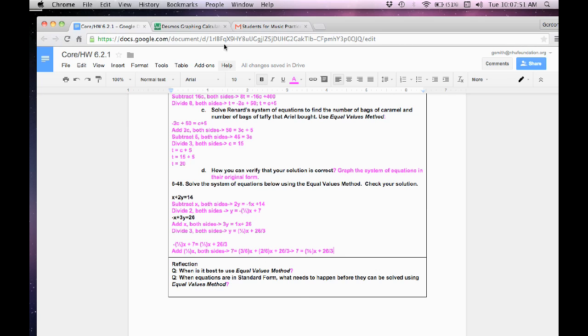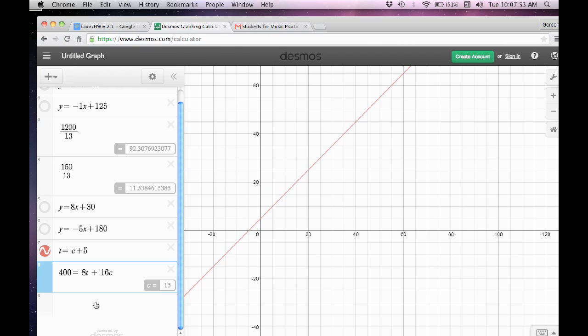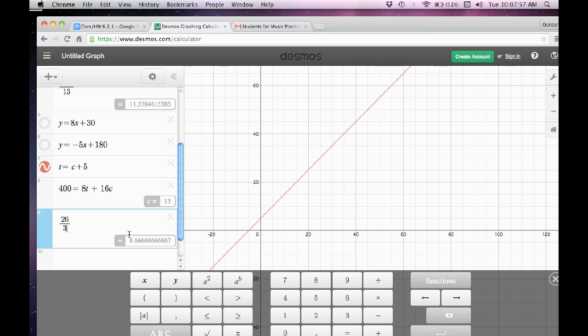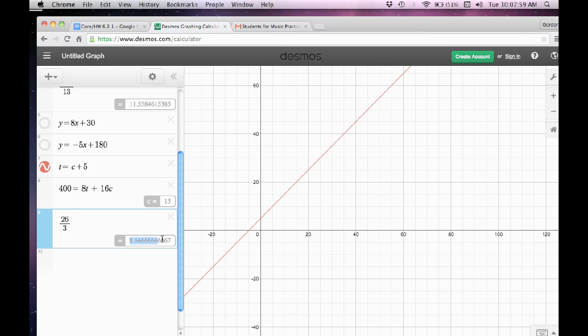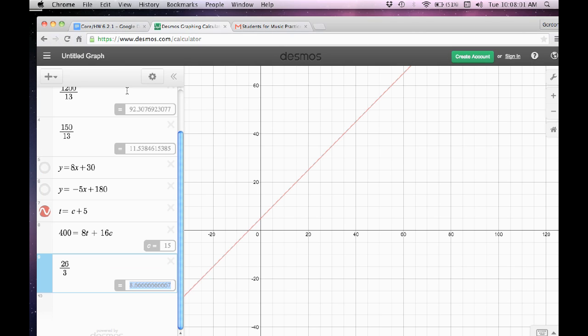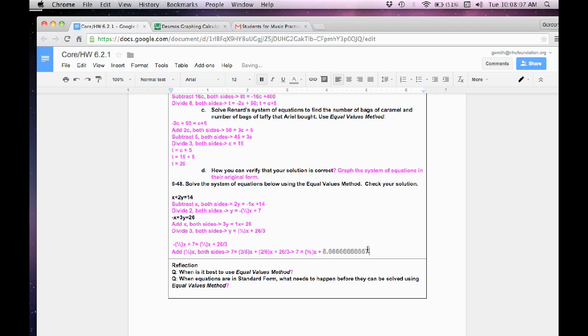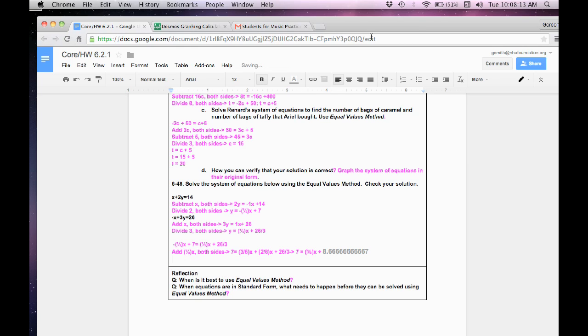So the first thing we'll do is we'll figure out what is 26 over 3, because that'll be useful. 26 divided by 3 is 8.6666, so we'll go with that. So we're going to replace that right there. And then we'll subtract that from both sides to help get x alone.